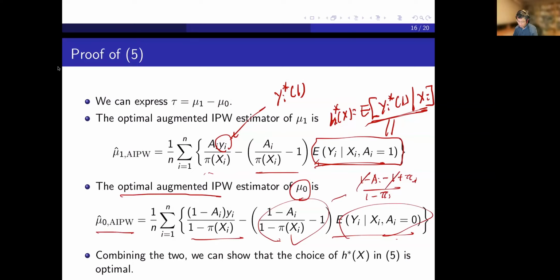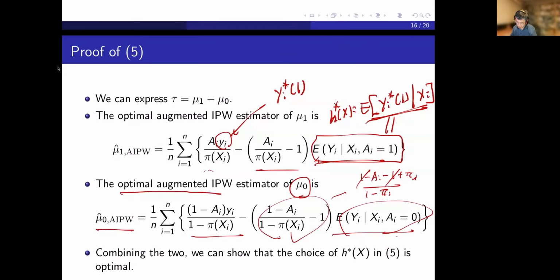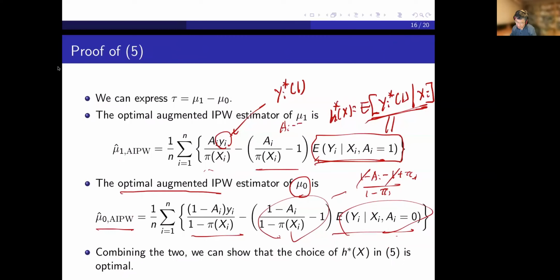So basically you see here you have a_i minus pi_i divided by pi_i, right? You have the numerator parts that are essentially the same, a_i minus pi_i. Here you have a_i minus pi_i, the same.